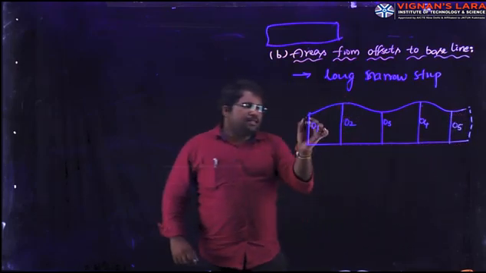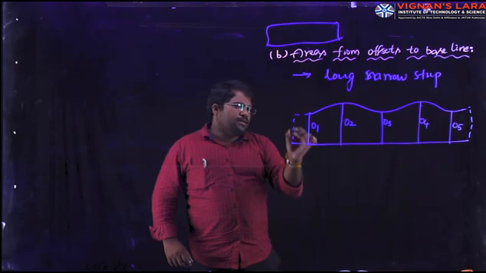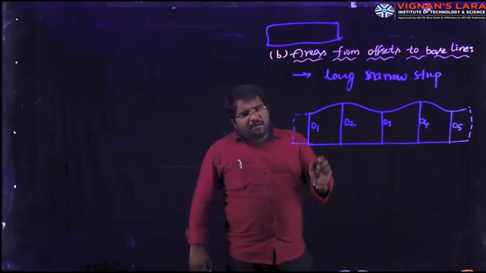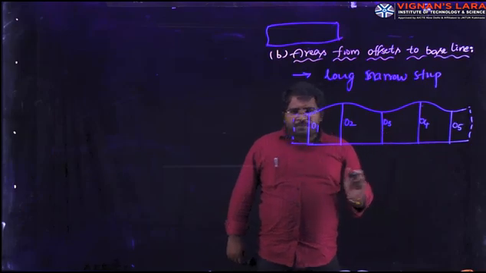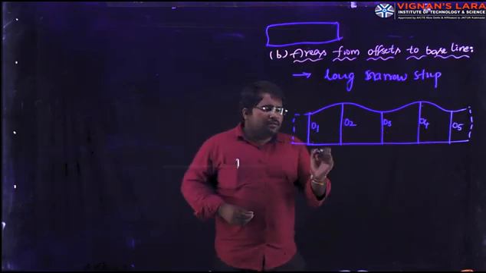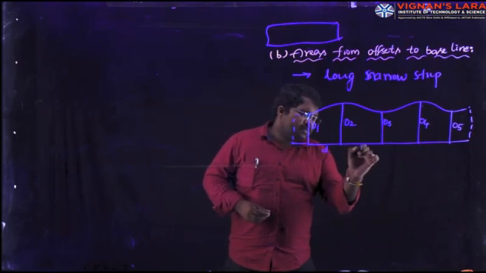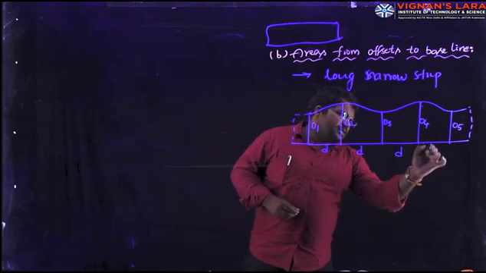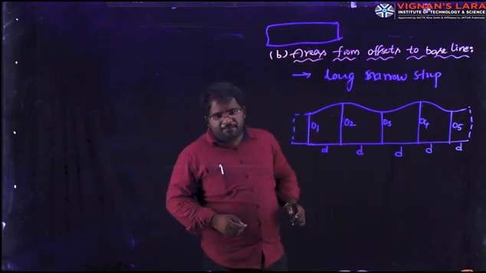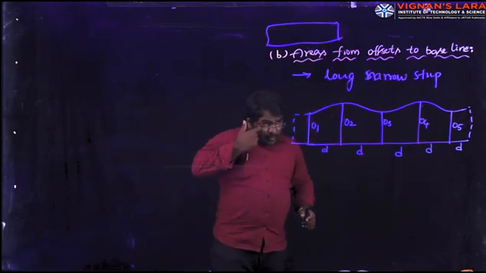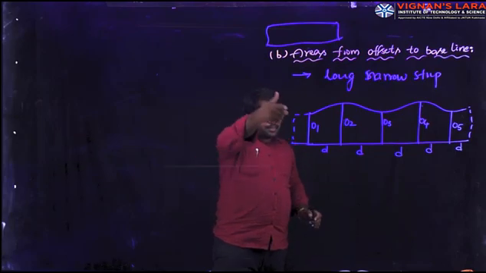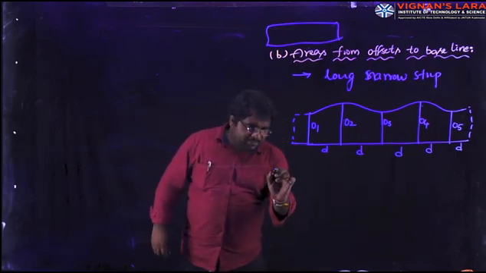Like this we have the offsets. These offsets will be marked at some equal distance, so the distance between each offset is called D. If this is the case, the area can again be computed by different methods.